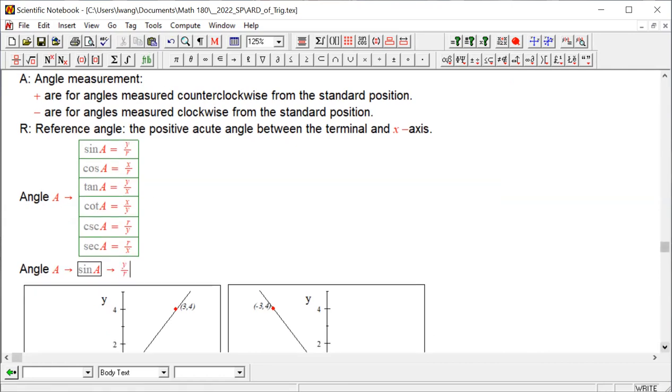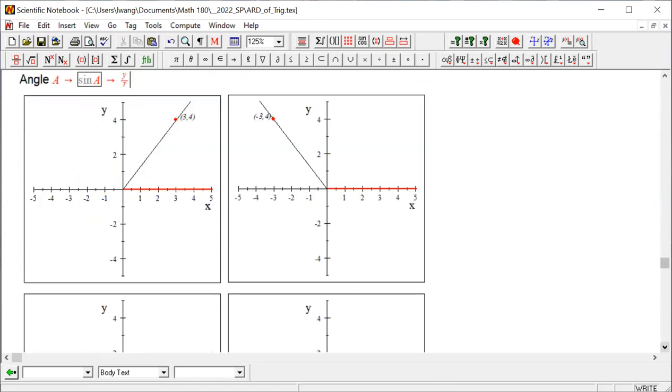Now I would like you to follow me, and we're going to start on that journey. This angle, I don't know what it is, I know that angle is A. The terminal is on this line, and I pick arbitrarily a point, 3, 4.